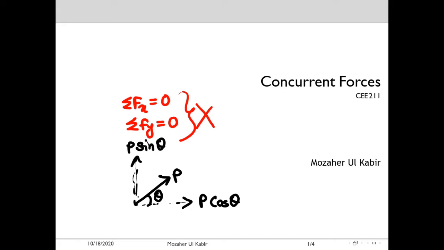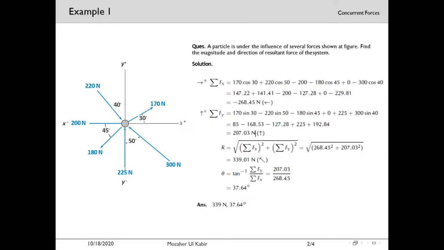So we should remember that the component with which the angle is given will always be the cos theta component. Here the angle is given with the horizontal component, so the horizontal component has been denoted as P cos theta, and the vertical component will be P sin theta. So let's go through this lecture.